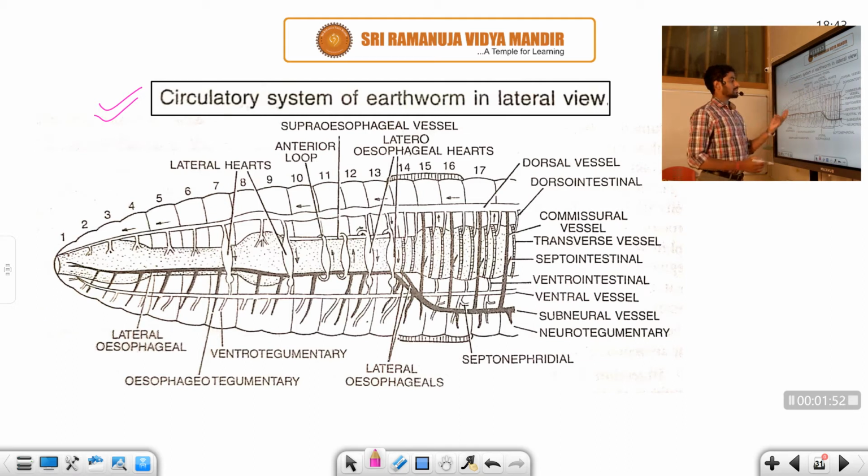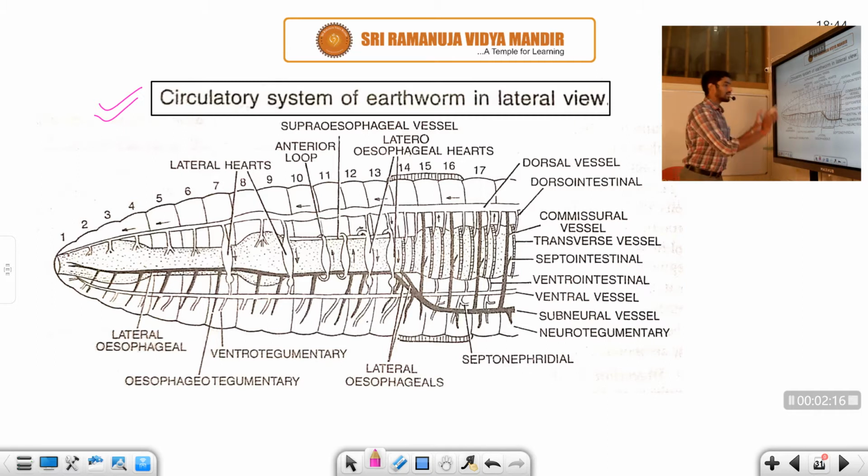There are two pairs. Where are they present, in which segments, where is their occupancy? Everything is connected, so this connectivity of the circulatory system of the earthworm is very important. You have to remember it very carefully and focus here very carefully, students.